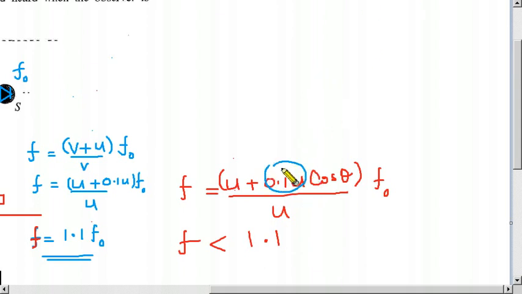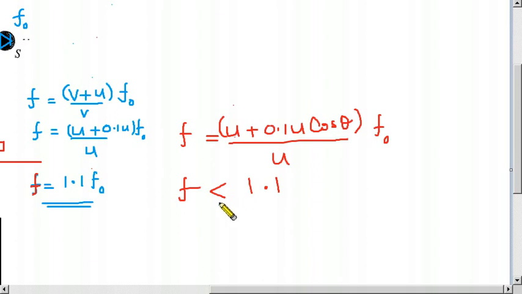If we take cos theta of any value, it is less than the original value. Therefore we get the result less than 1.1 f naught.